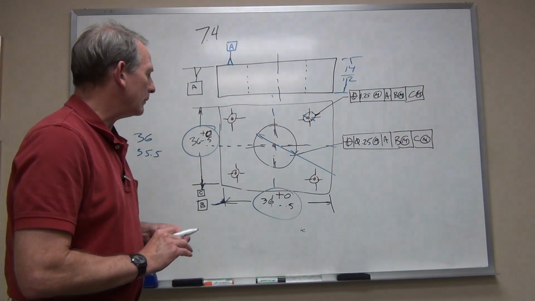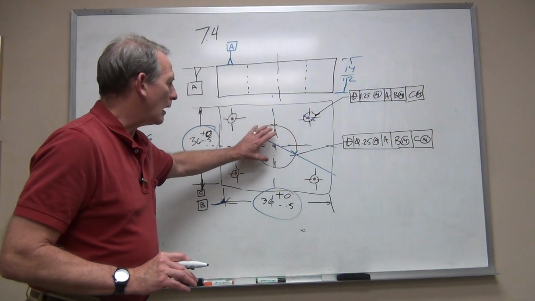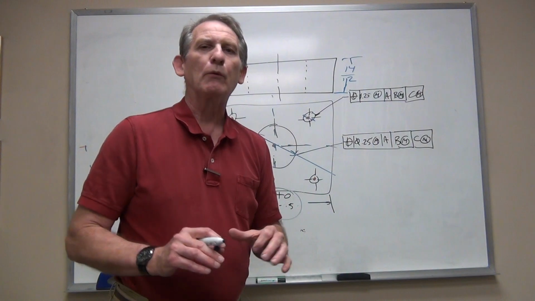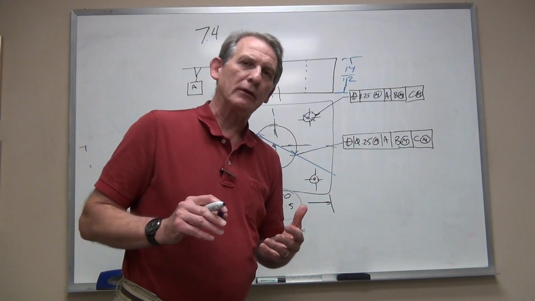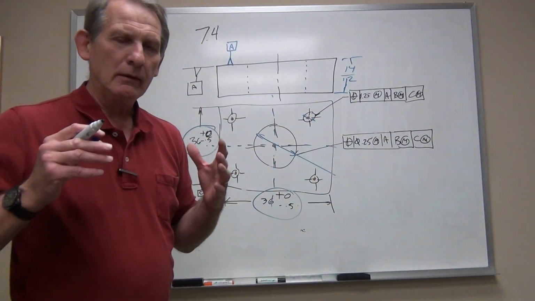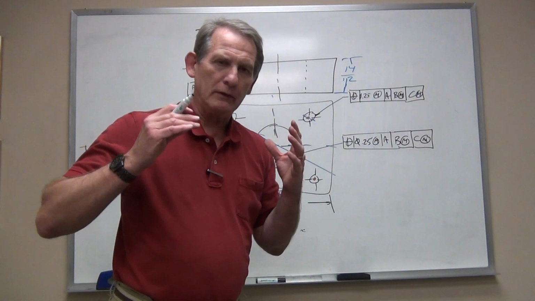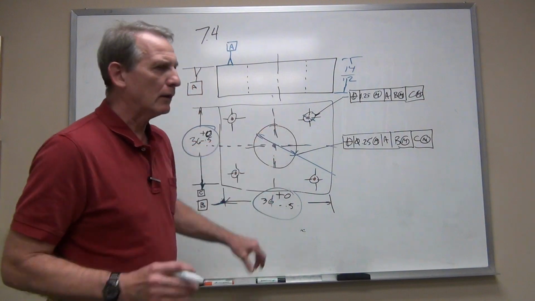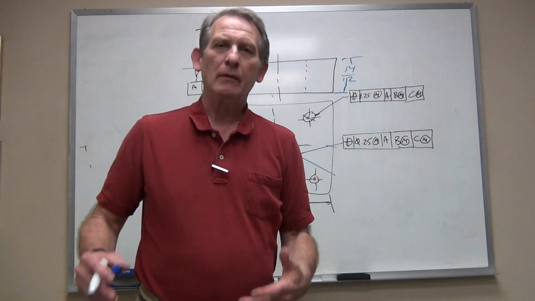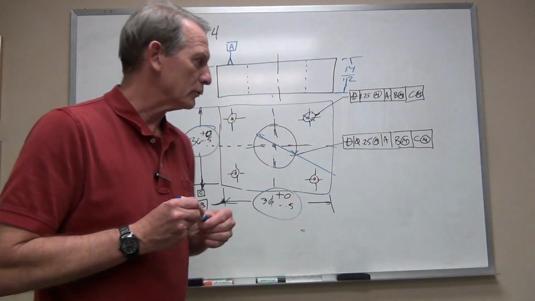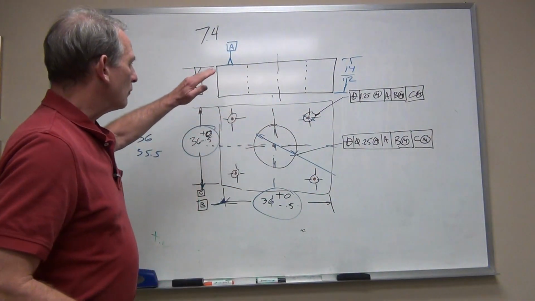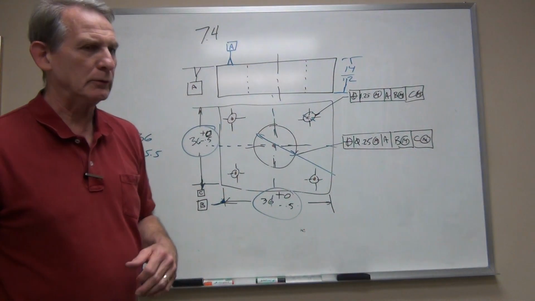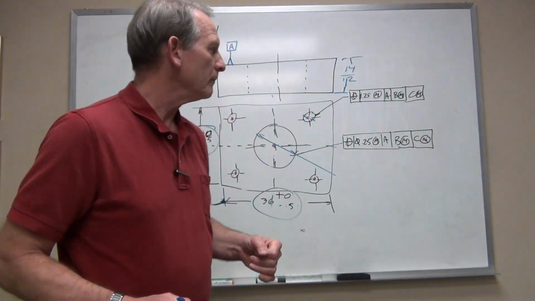As typical, we would allow these holes to move more if they were larger. And again, that makes perfect sense that everything will fit just as well if this shifts over 1,000th and that hole opens up 1,000th. That will have no effect on the fit of this part. Likewise this. Remember too that each one of these holes, each one of these 5 holes has to be evaluated for its size.